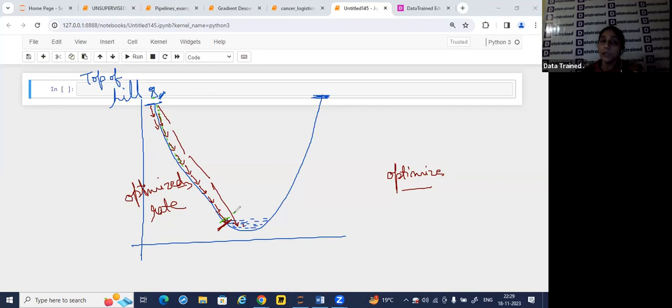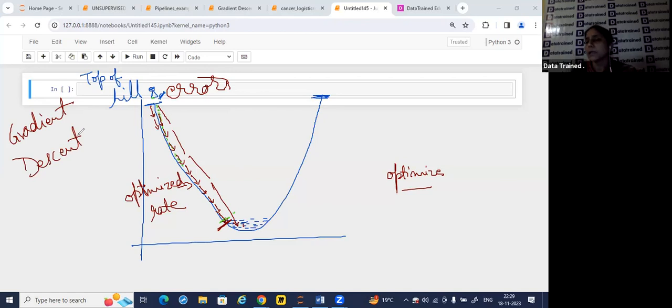So the point is, this is not the story of a person. This is the story of the error. Consider your errors are here. Suppose any model we gave, errors are here because initially errors are there. So what will gradient descent do? The gradient descent algorithm will internally start tuning its parameter. It has a certain parameter called the learning rate.